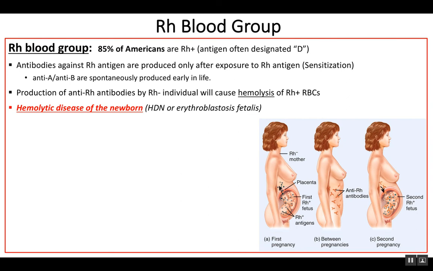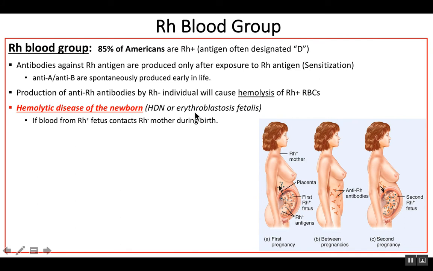We found that during a second pregnancy, the mother's immune system can pass antibodies into the fetus and destroy the fetal blood cells. This is called hemolytic disease of the newborn. It occurs if blood from an Rh positive fetus makes contact and gets inside of the Rh negative mother. This happens during the process of childbirth.